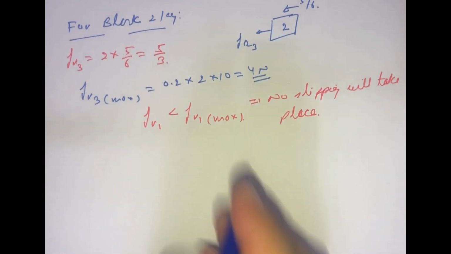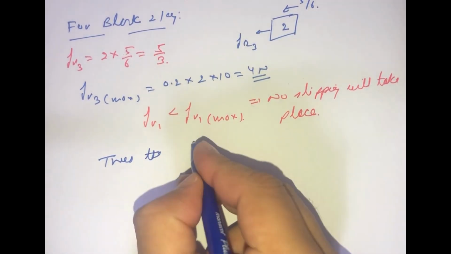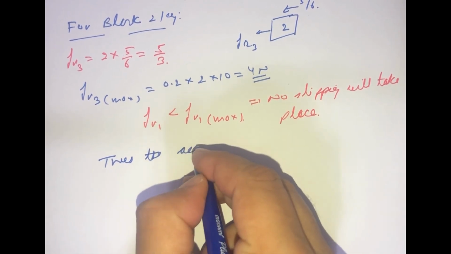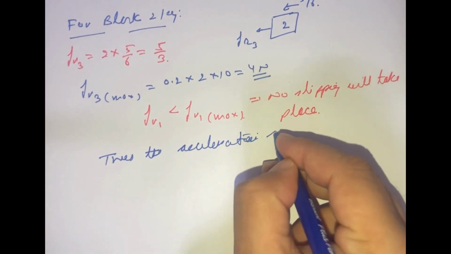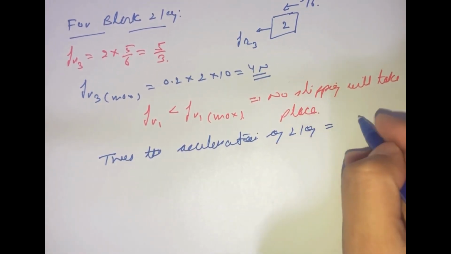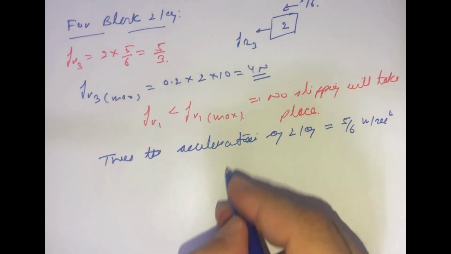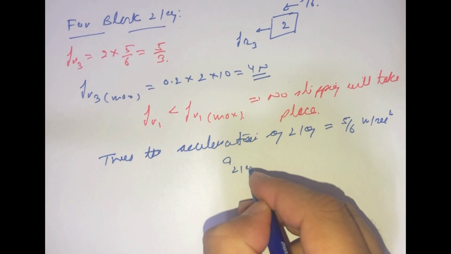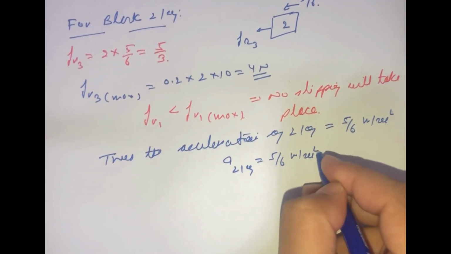Thus the acceleration of 2 kg is 5/6 meter per second square. So we can write A of 2 kg is equal to 5/6 meter per second square.